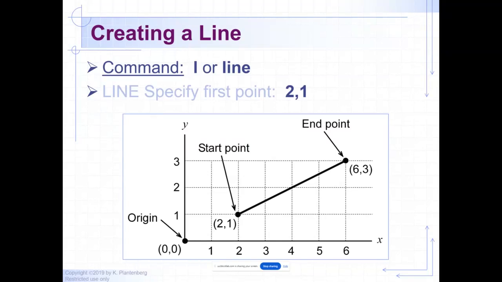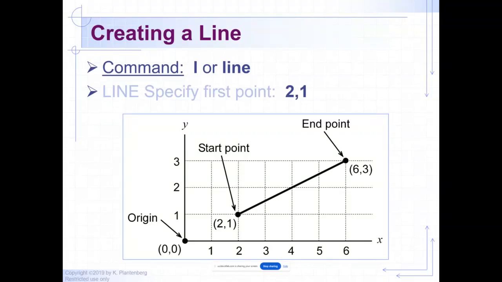All right, so these are two absolute points. 2,1 and 6,3. That would be an absolute set of points. I know exactly where they're at on the grid. Okay.